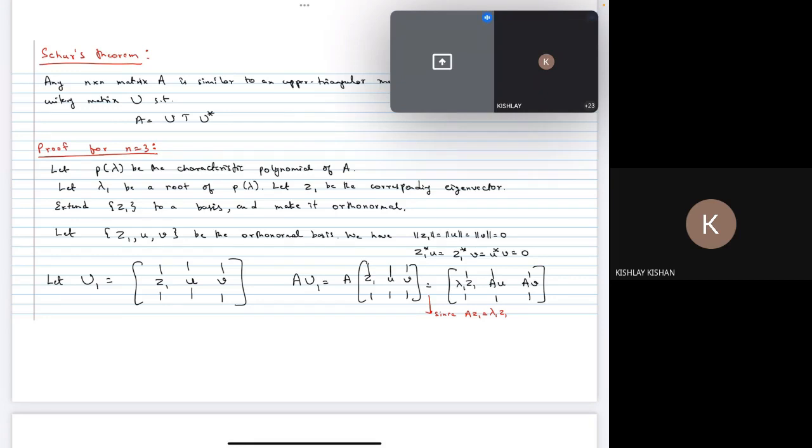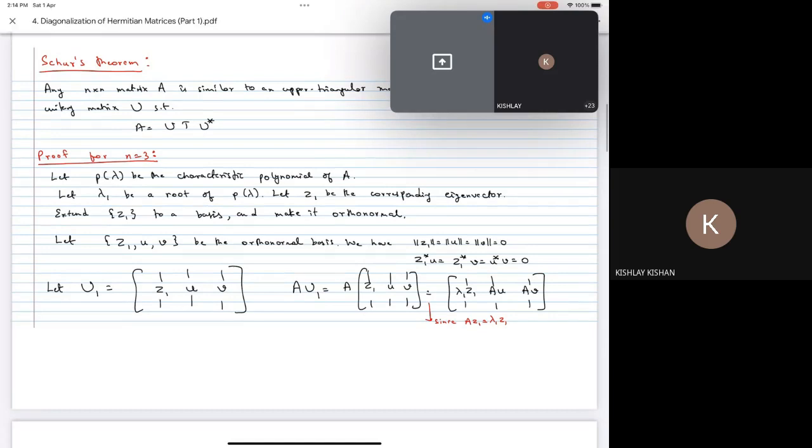In that spirit you'll have to extend Z1, which is of length 1, assuming it's of length 1. I'll have to add two more vectors u, v such that I get an orthonormal basis. I think there's a typo: the norm of Z1, u, v equals 1. I'm sorry, I can't edit it here. But whatever is written there, it's an orthonormal basis.